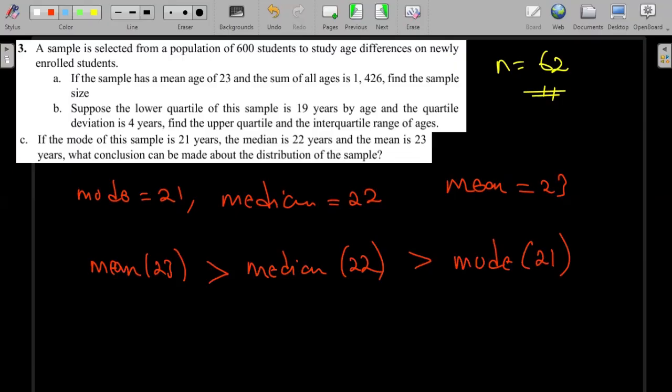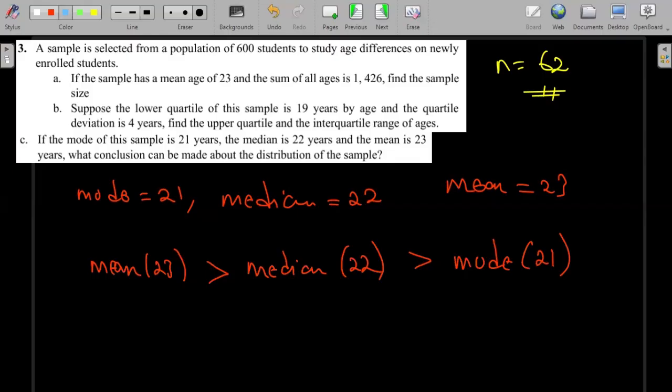Anyone who can try, and also give an explanation why you think so. Is it positively skewed or negatively skewed, based on what we have there? I saw this in your notes, so I don't know if you went through those notes. There are two situations.